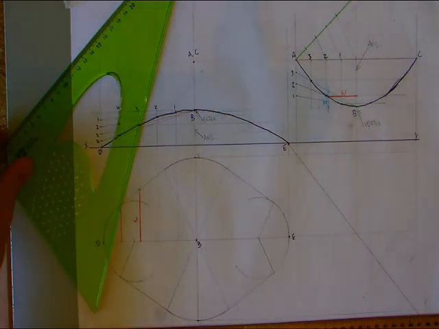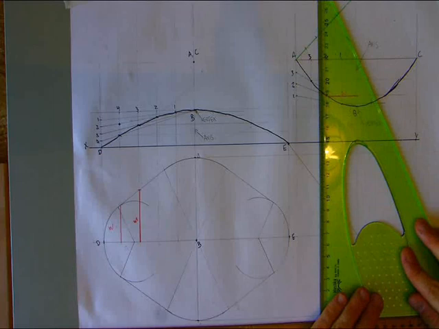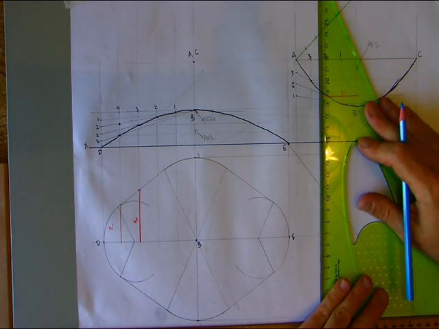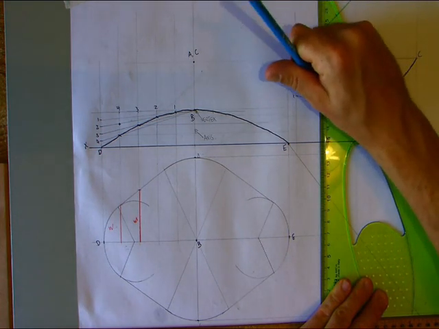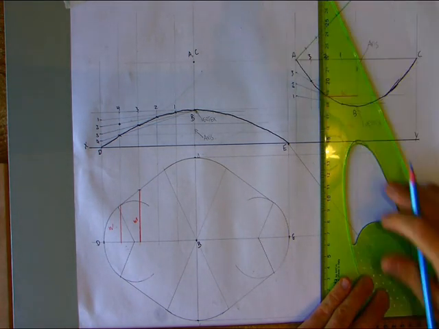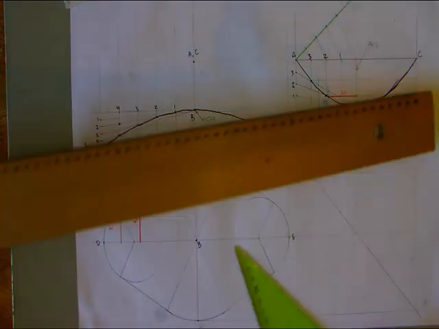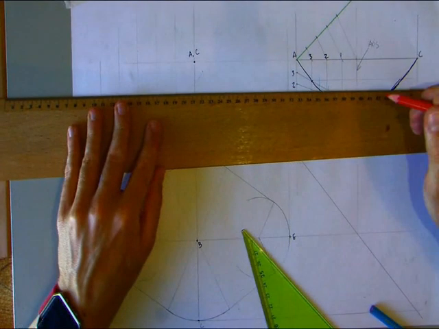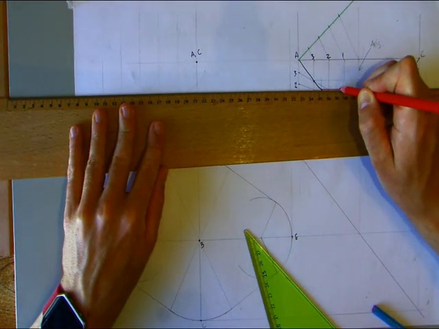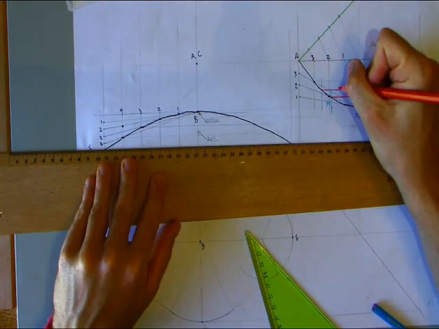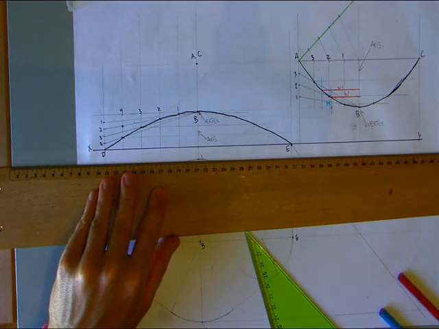There's width 1. Okay, and width 1, I draw this in blue. Wherever it cuts the parabola, that is height 1. So W1 equals H1.